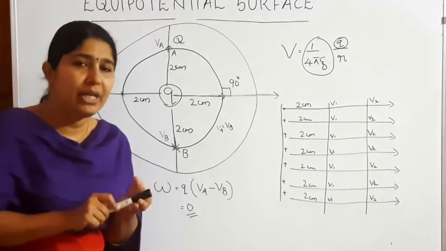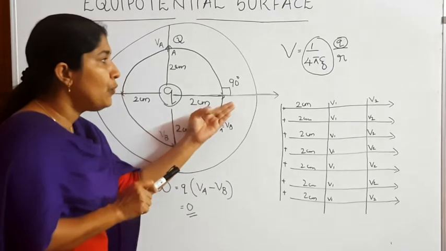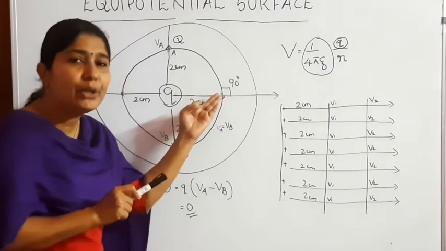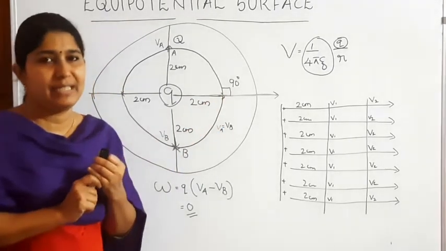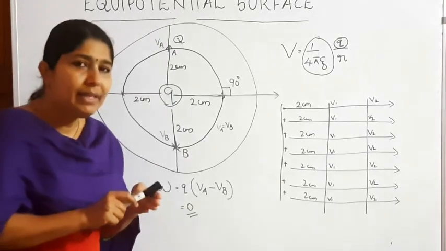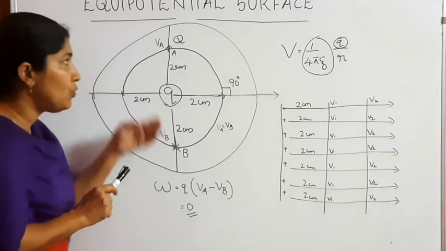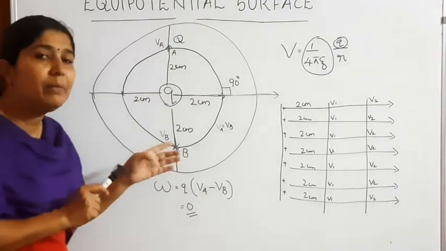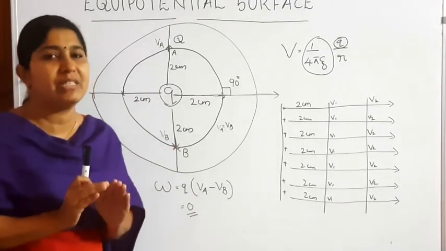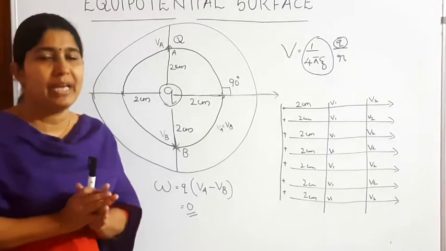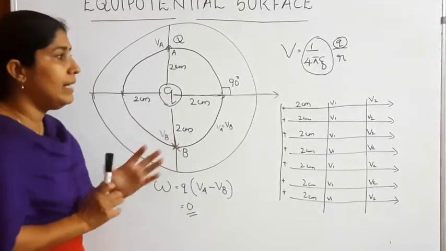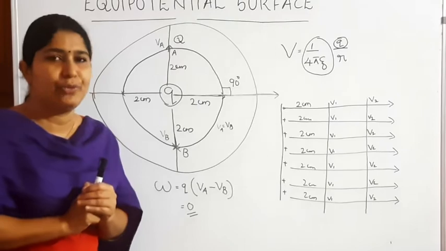The third point is, electric lines of force are perpendicular to the equipotential surface. And the fourth point is, work done to move a charge from one point to another point on an equipotential surface is 0. These are the points regarding the equipotential surface.